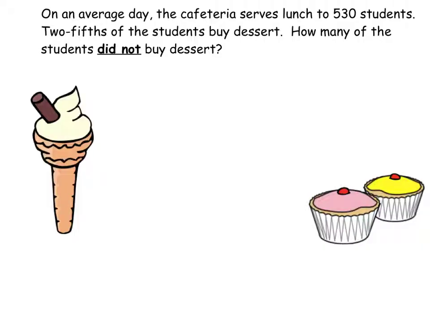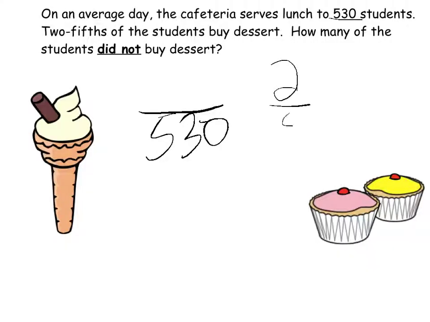All right, we're going to use the fraction strategy to solve a word problem. This particular word problem has the situation of a cafeteria that serves lunch to 530 students. I misspoke earlier. It says that 2/5 of them, so 2 out of 5, buy dessert.